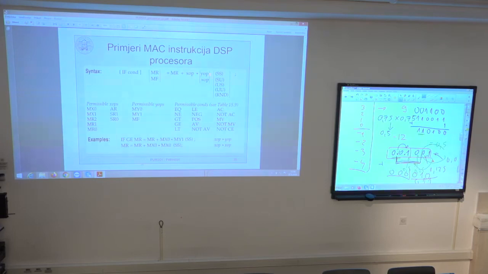Then what is this x operand or y operand? This x operand here is written here. So mx0, mx1, and any of the result registers. It's nice that I have 8 combinations here, so 3 bits in the instruction code are sufficient to encode the left side argument.